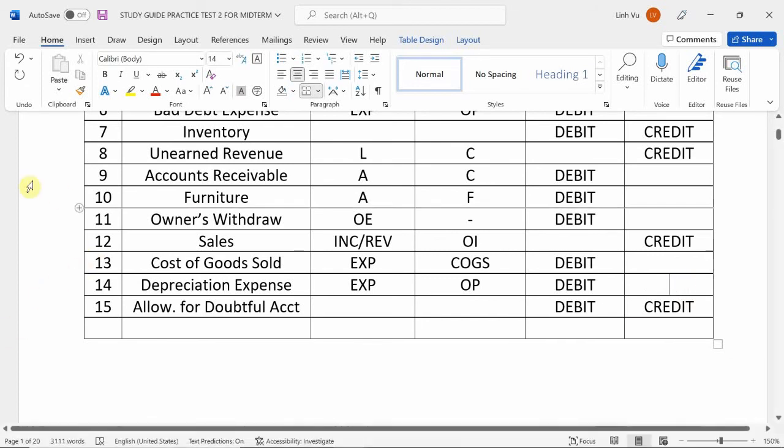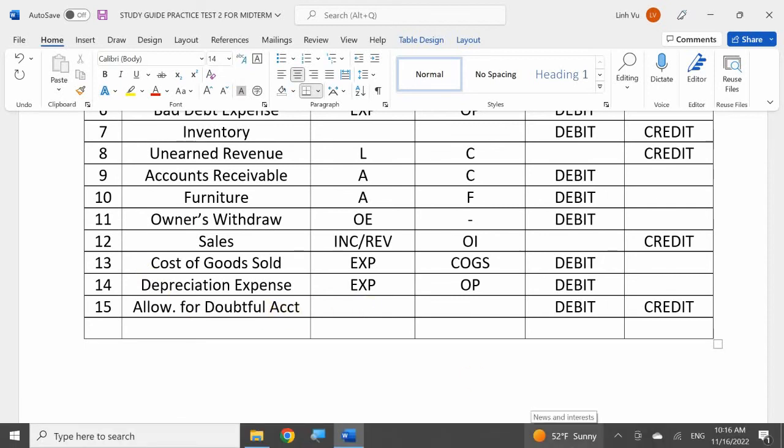Last but not least, we got the allowance for doubtful accounts. Allowance for doubtful accounts, once again, is a contra account, right? Because we have to use this to decrease our accounts receivable. So therefore, if we know what our accounts receivable is, it's an asset, right? And it's current, right?